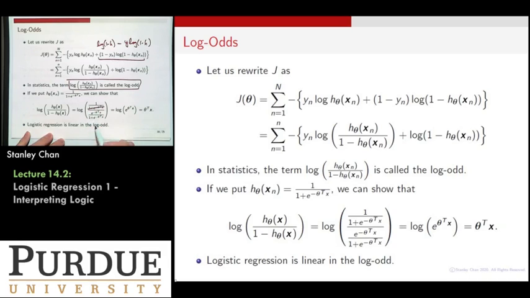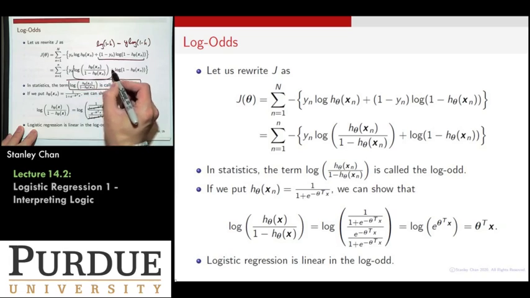We can cancel out the denominator, because the denominators are the same. If you cancel them out, what do you get? You get log of e to the power theta transpose x, and then there's a log outside. And the log will, of course, cancel out with the e. And so you get theta transpose x. So after doing all this exercise, you find that this log thing is indeed just theta transpose x.